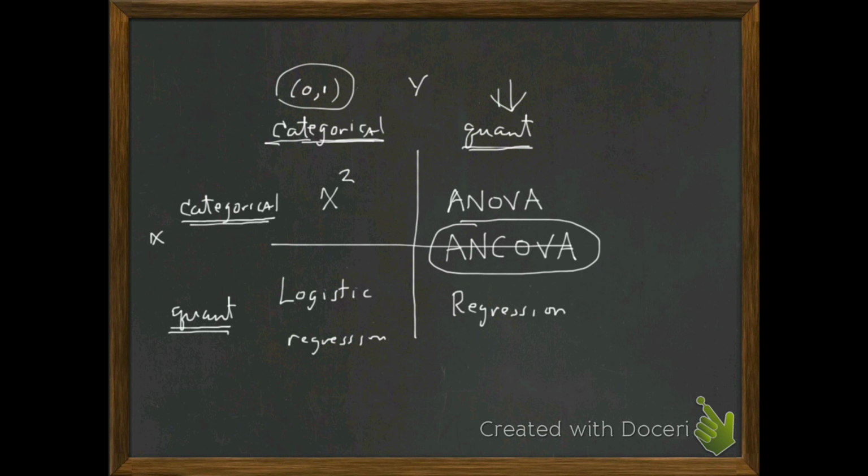In this situation, the quantitative variable is called a covariate. Guys, covariates don't always have to be quantitative, although they usually are. In most of the presentations in this class, we're going to look at a covariate being quantitative.